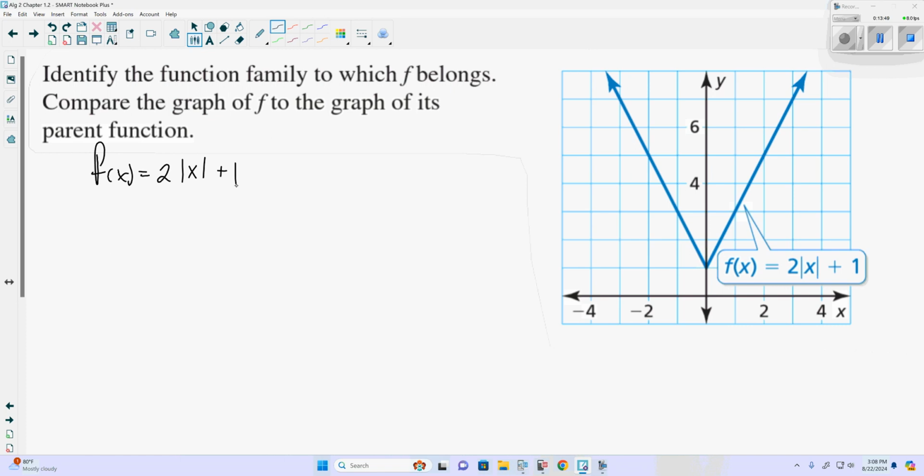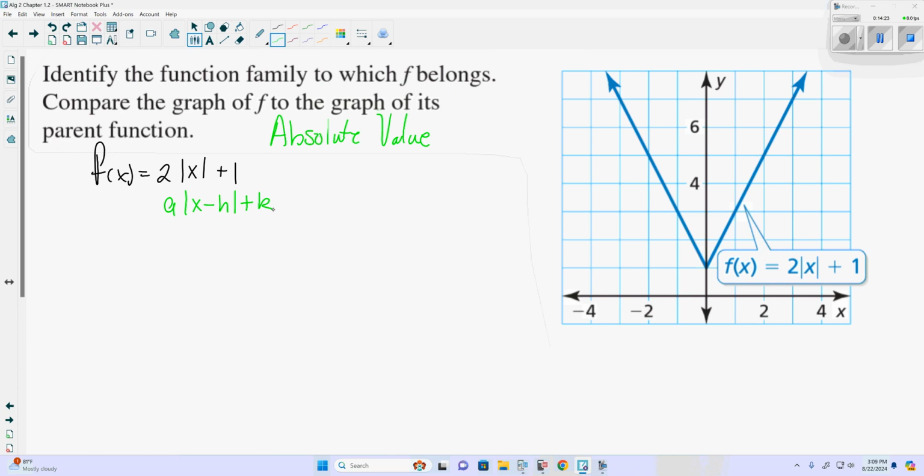So if we look at this here, f of x is equal to 2 times the absolute value of x plus 1. Well, its family is absolute value. The parent function is absolute value, which means all other absolute values are part of that family of functions.